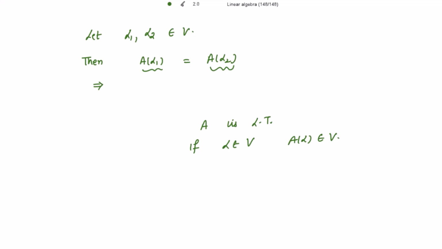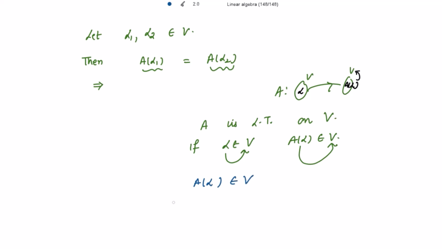It is given to us that A is a linear transformation from V onto V. Now as A alpha belongs to V, if I apply the transformation, then A of A alpha also belongs to V.